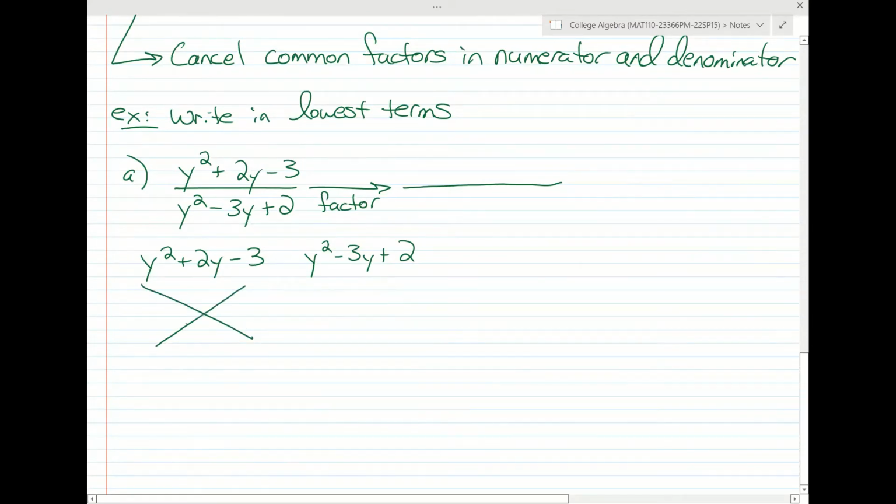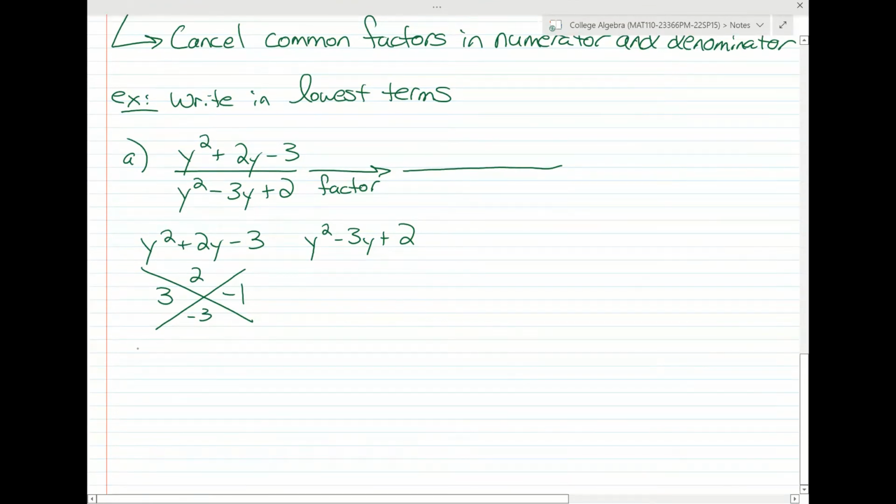This is the same thing. We want to find two numbers that multiply to be -3 and add up to be 2. 3 and -1. If we factored this, it would factor to be y squared plus 3y minus 1y minus 3, cutting it down the middle.